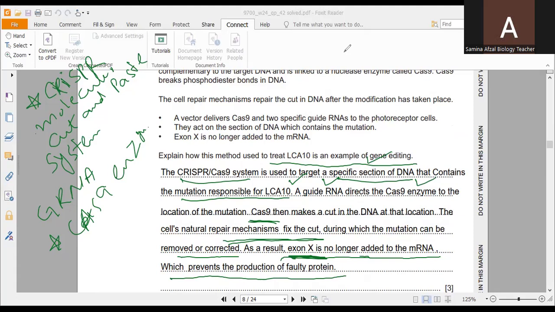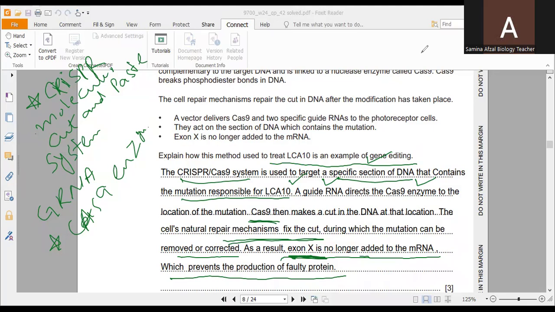This method is a clear example of gene editing because it involves making precise alterations to the genetic material, or DNA, through specific targeted modification.